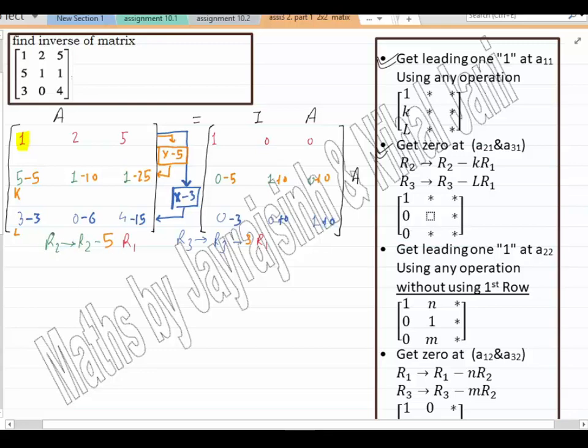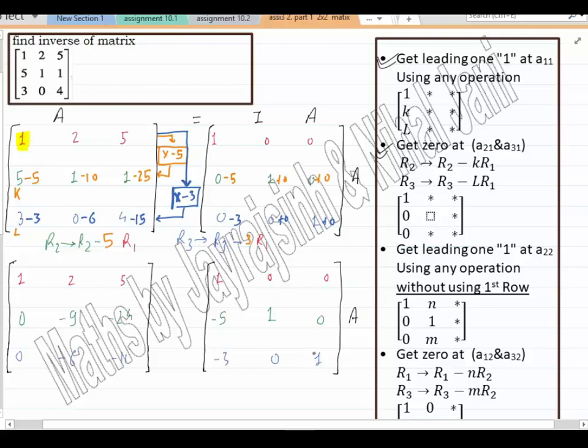So in this process, our first row will be as it is, and the second row will be 0, minus 9, minus 24, minus 5, 1 and 0, and the third row will be 0, minus 6, minus 11, minus 3, 0 and 1. Okay, so we complete our second step.